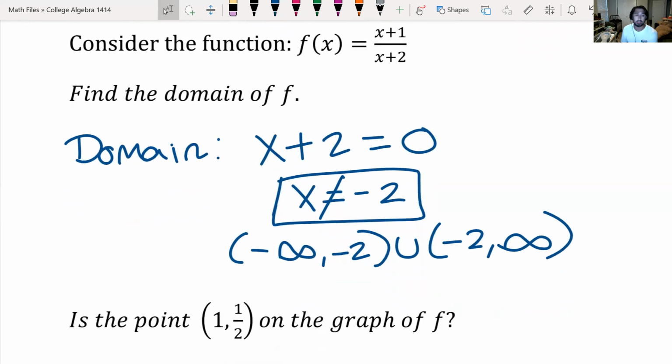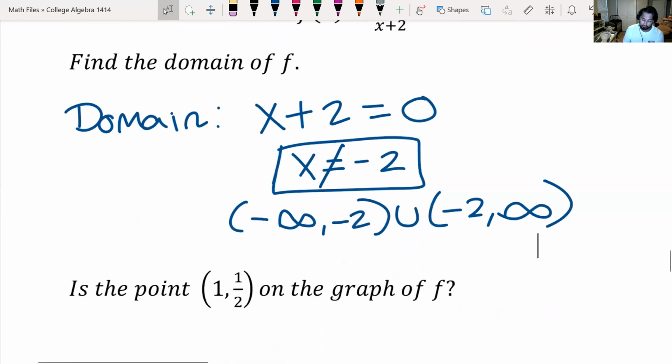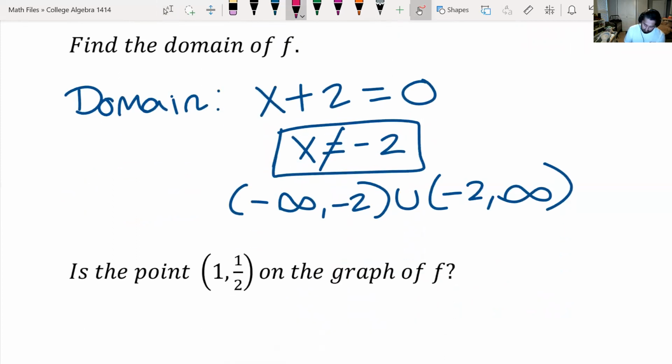Next question says, is the point 1 and 1/2 on the graph of f? So this just wants us to check, and the easiest way to check is to plug numbers in. So remember, points are given as x, y. So this means we'll plug 1 in for x, and we'll see if the output gives us 1/2.